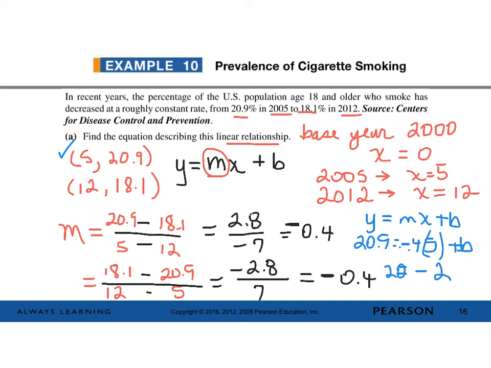And then here we still have 20.9. I think I'm running out of room. I need to rewrite this elsewhere. So let's get some more room here.